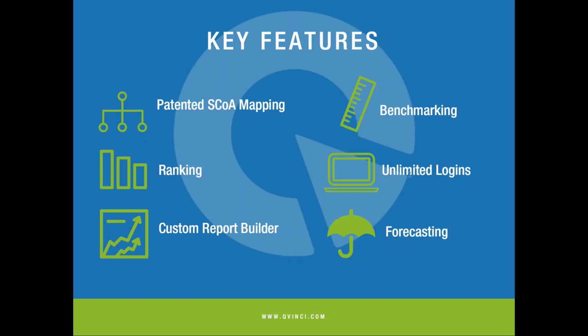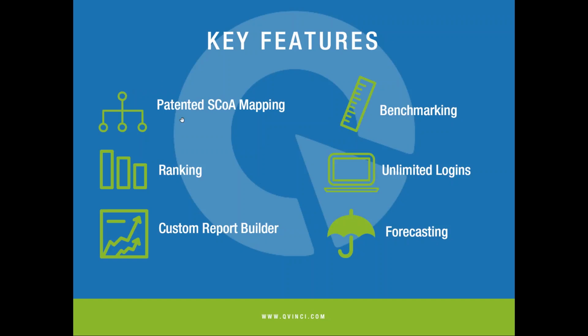One, from a franchisor perspective, if you're getting Qvinci for your entire environment, you can assign logins to your franchisees, to their managers, to anybody who needs access or wants a level of reporting. And because we have permissions set up where the franchisor can control what certain franchisees or certain people are able to see, you can make sure that people only have access to the information that they need.